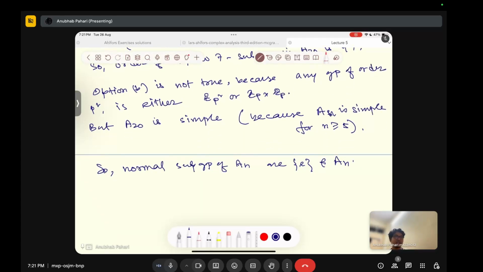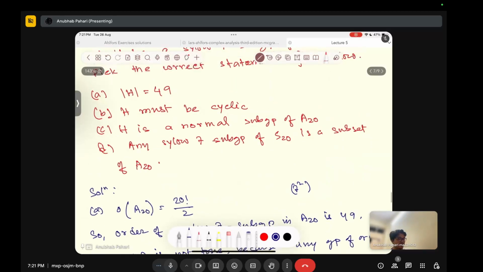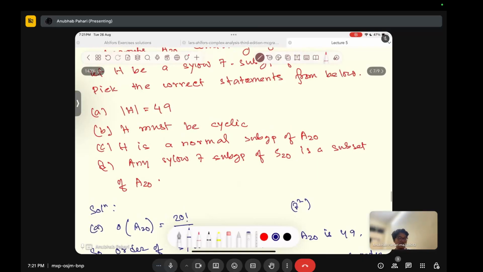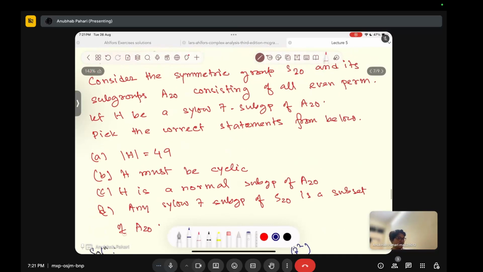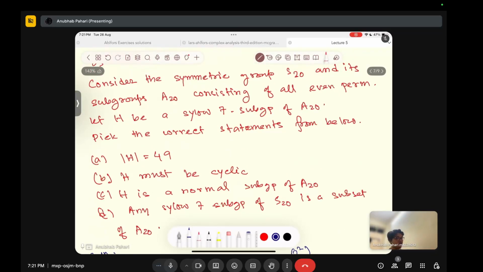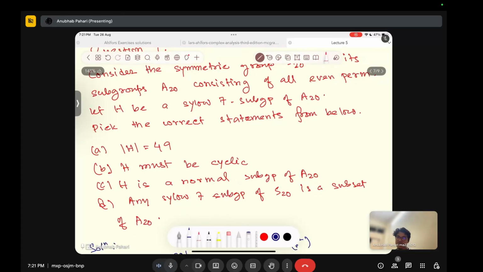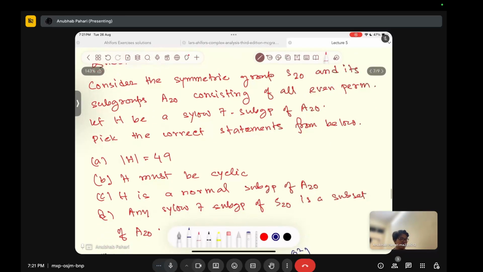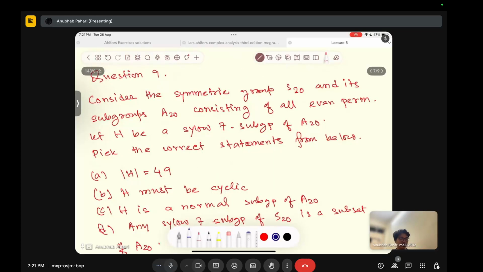For B, the reason was that there is no element of order 49 in A20, so it can't be cyclic. It is only abelian.